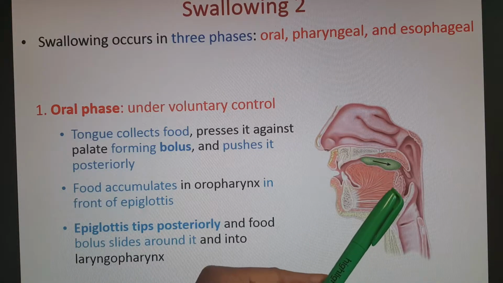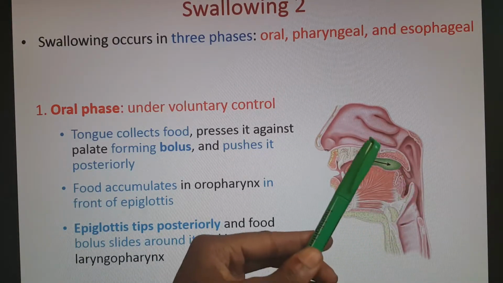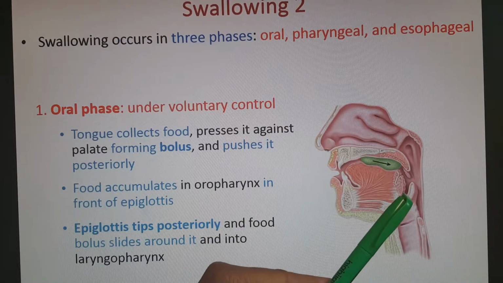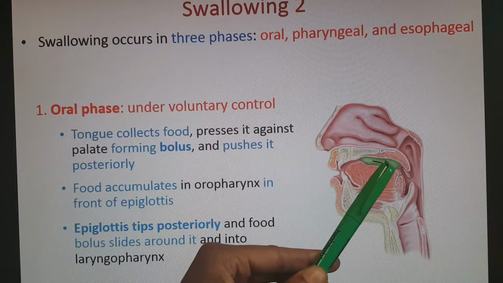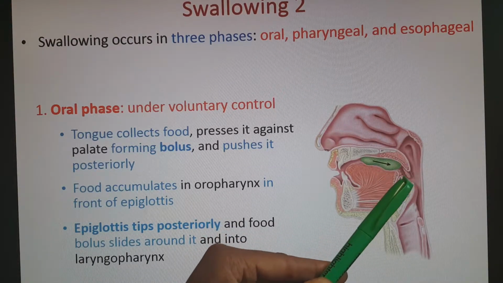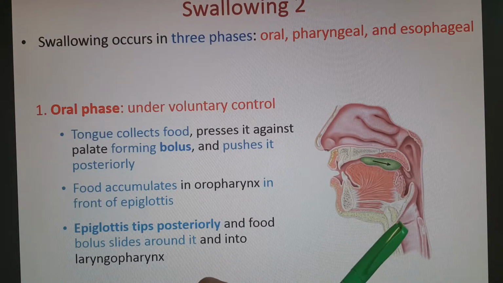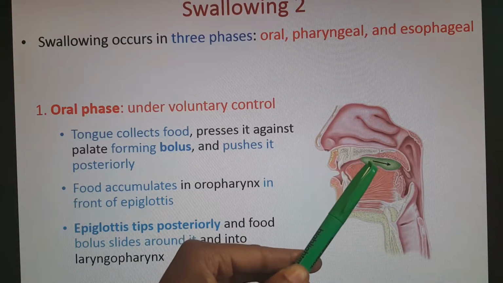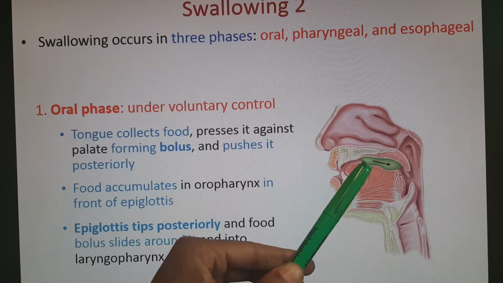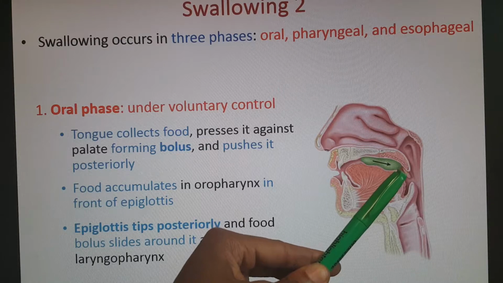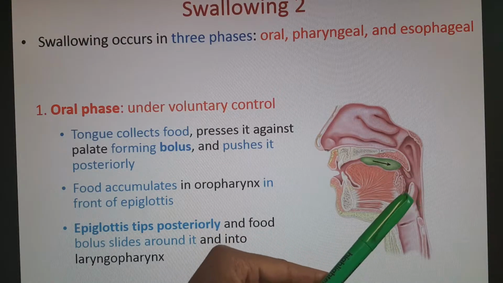Over here, you have this shared space where you have your breathing pathway as well as your digestive pathway. So you have breathing going here and then down into your trachea, and then your oral pathway for digestion, from your oral cavity, from the mouth, and then swallowing back behind this epiglottis.